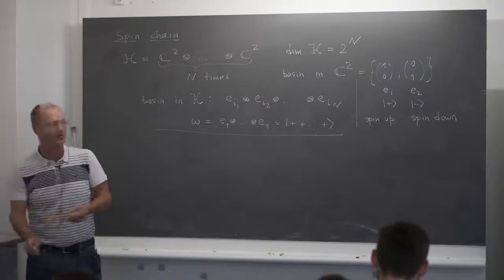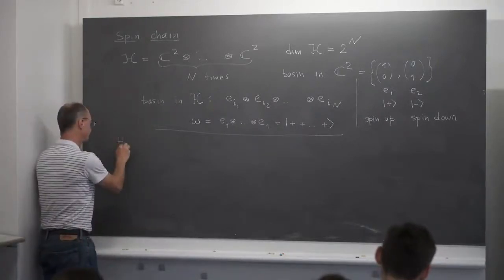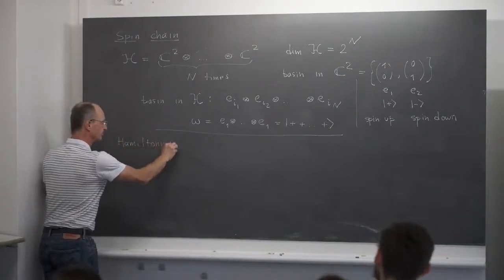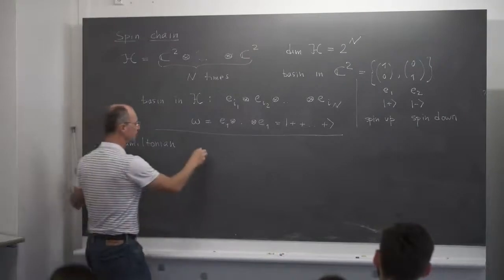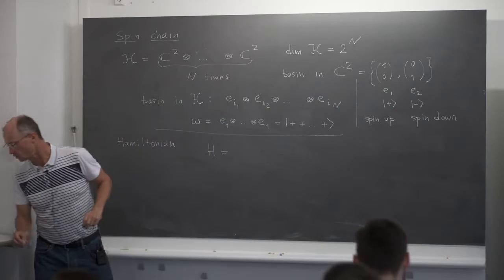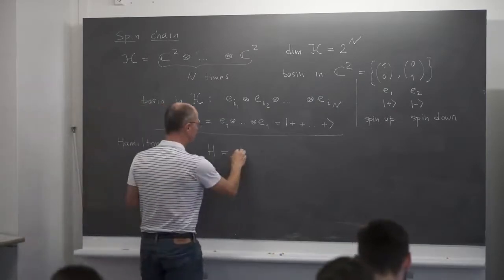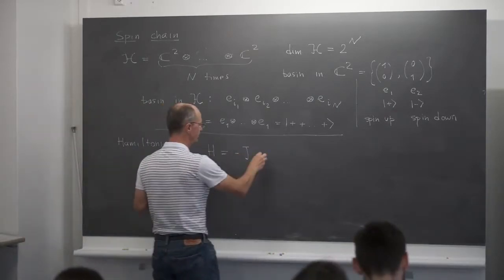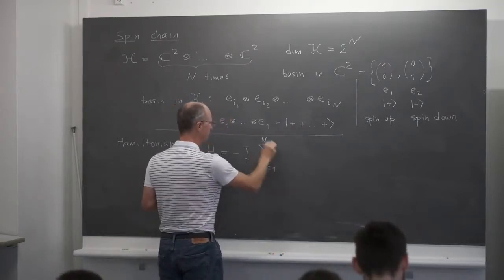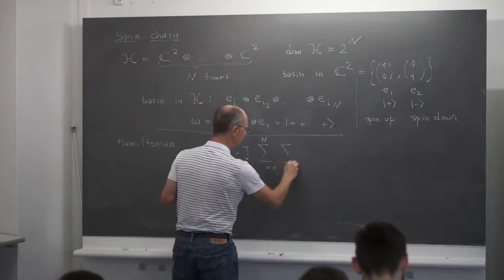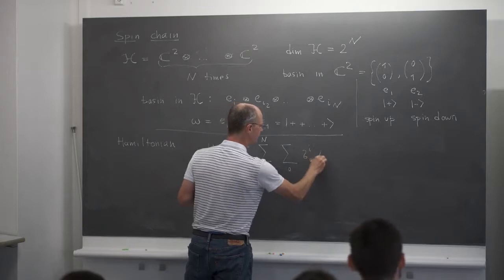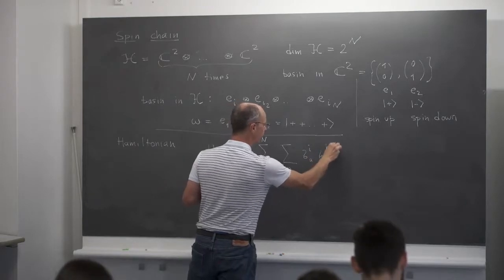Now, what's the question? We should equip this space with a Hamiltonian, and the Hamiltonian we defined in the following way. I don't quite remember which sign we chose, maybe the minus sign, and here will be a sum from 1 to n, and here a sum over A, sigma A I, sigma A, I plus 1.